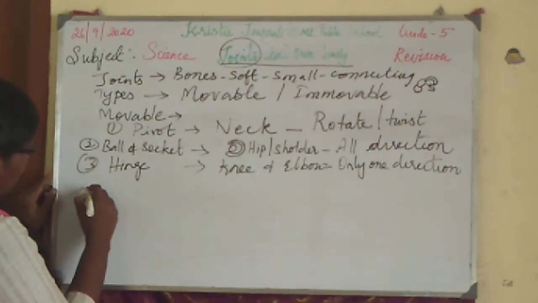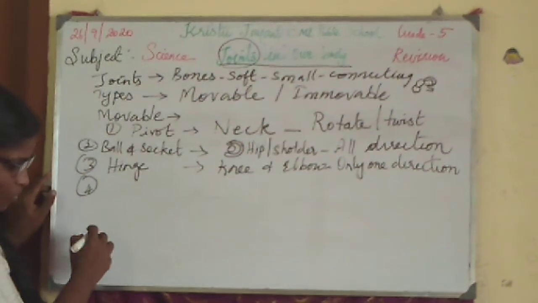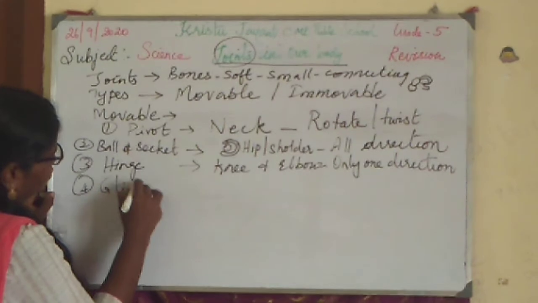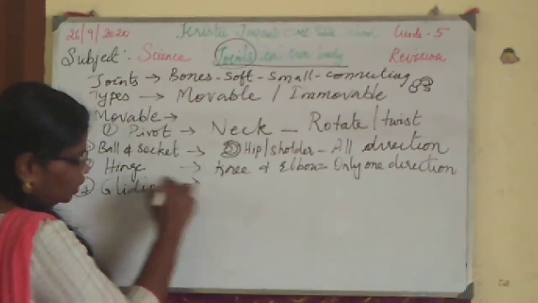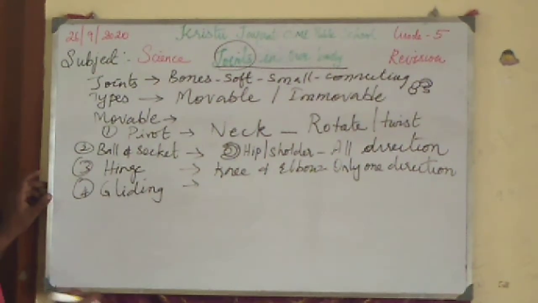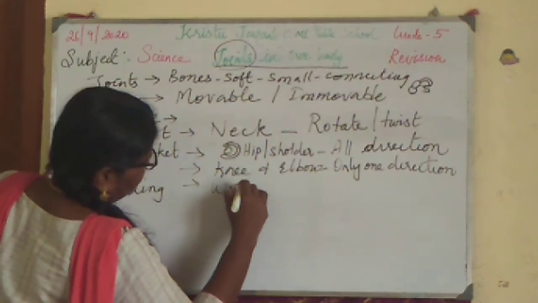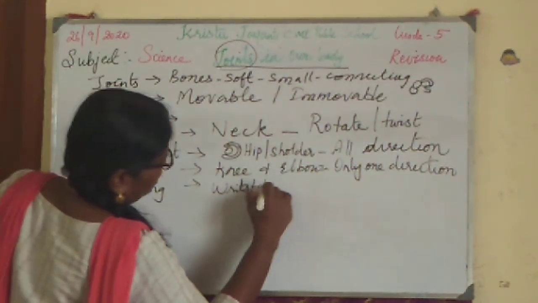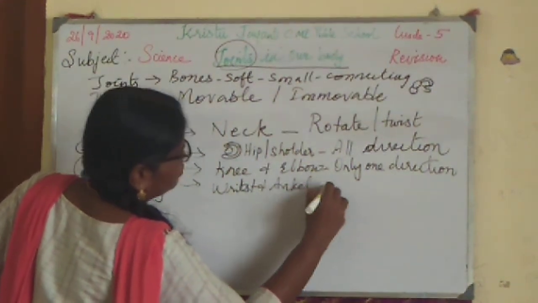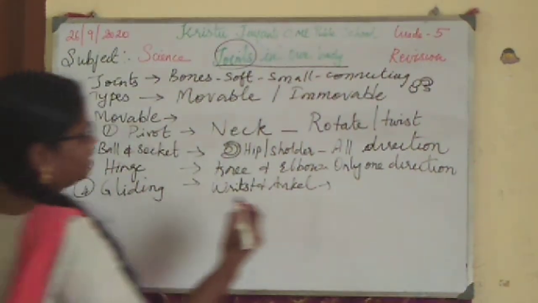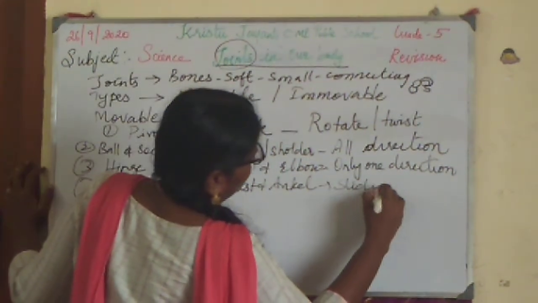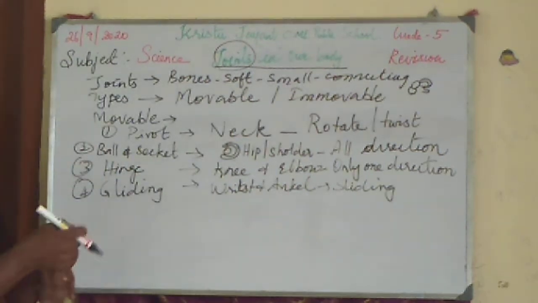And we have a last type called gliding. You have this gliding type of joint in your wrist and ankle. And if you see, it is like sliding type, one on another.